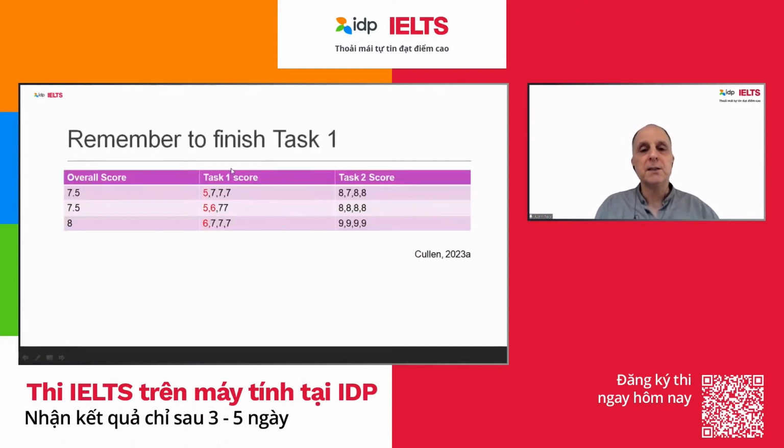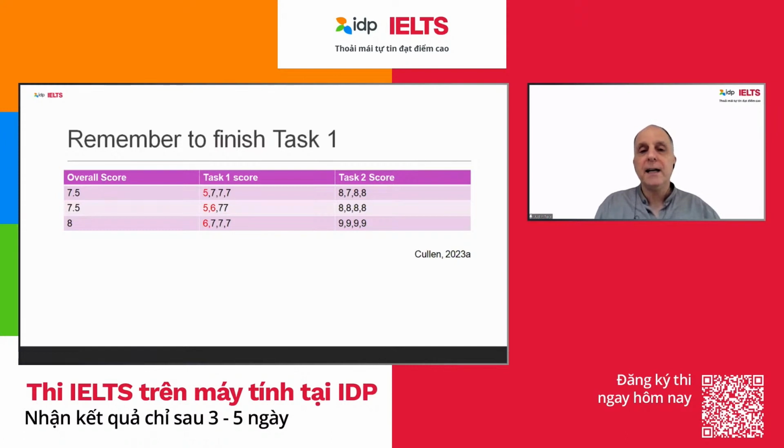Now, remember, task 1 is still important. Okay, so remember, if you do very well in task 2, but you don't do so well in task 1, it can bring you down quite significantly. So try to aim to finish task 1 as well.